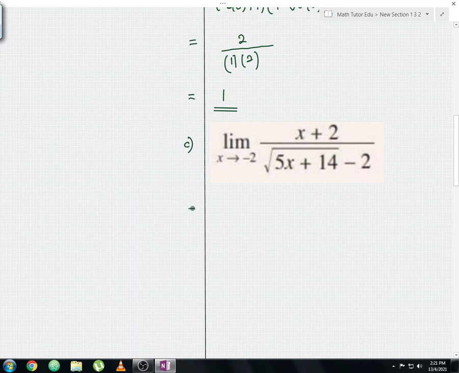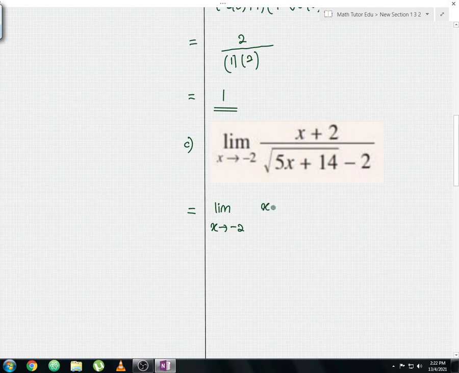So from here, limit x approaches negative 2. We start by multiplying the conjugate at the numerator followed by the denominator, in reference to the conjugate of the denominator. So I hope you understand what I mean.